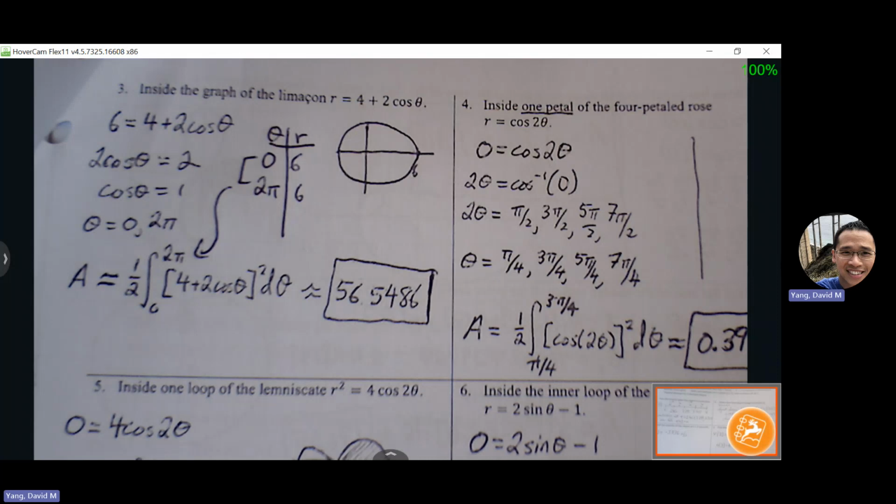If I can get two consecutive polar zeros to show up, I know that between those polar zeros will create that petal or that loop. So it doesn't matter. We could have used other intervals, but I just want to find the first two that I get. Once I get to the first two, I know that going from polar zero to polar zero is going to create that loop. So 0 to pi wouldn't have worked here.